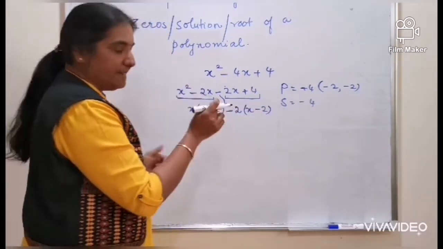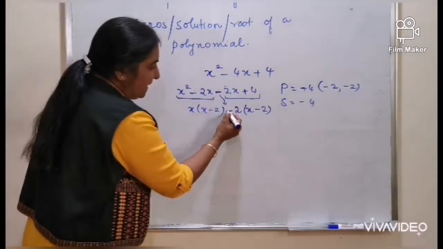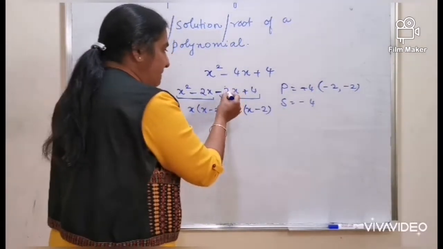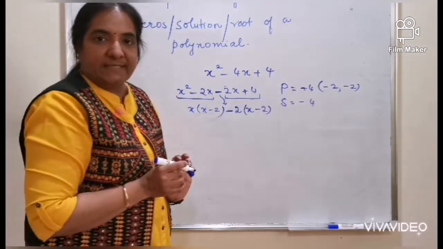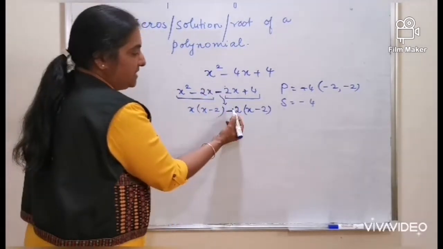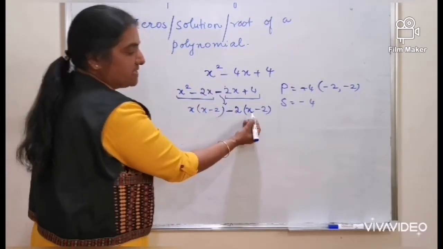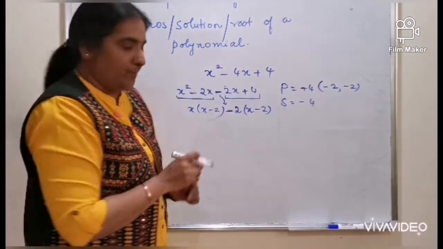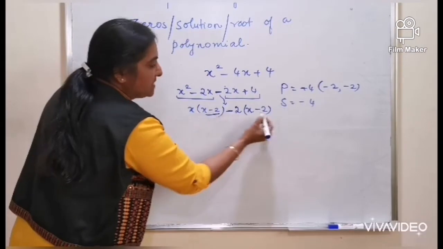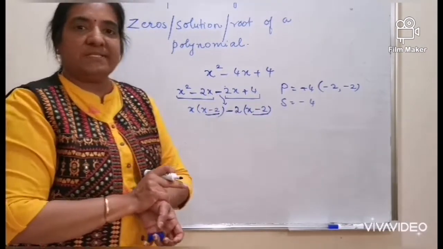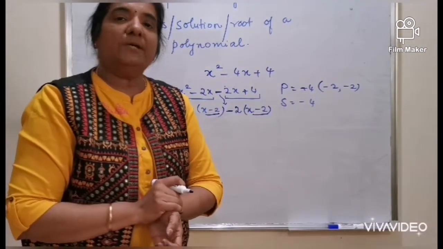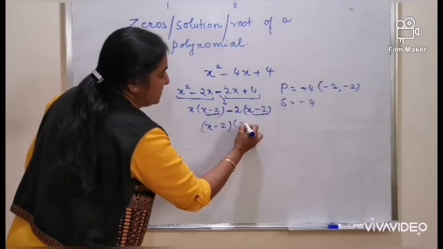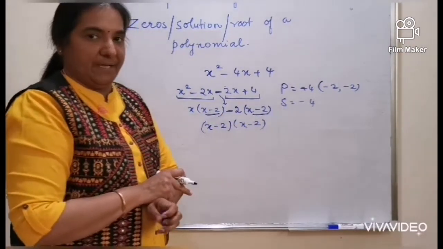Thus, the easy method is, whatever be the sign, you can just adopt it here. The number which is common, you can take it. Now, the factorization is correct because minus 2 into x is minus 2x, minus into minus gives you a positive 4, and the term x minus 2 is the same in both places. Thus, the factorization is x minus 2 into x minus 2.